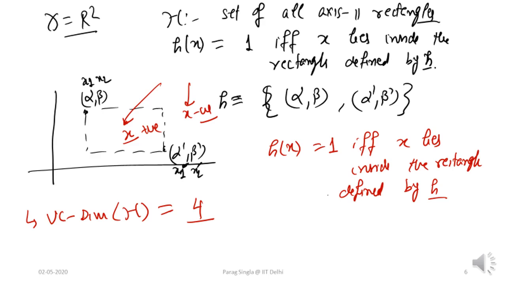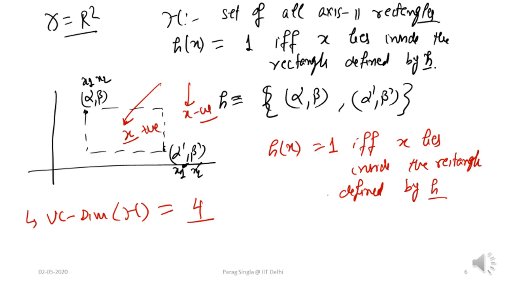So this is our semantics. Remember how we are defining this hypothesis: each hypothesis is defined in terms of these 2 points. The first point has coordinates alpha beta, and the second point has coordinates alpha prime and beta prime, and the way we construct this rectangle is simply by considering these points as opposite ends of a diagonal, and then constructing the rectangle.